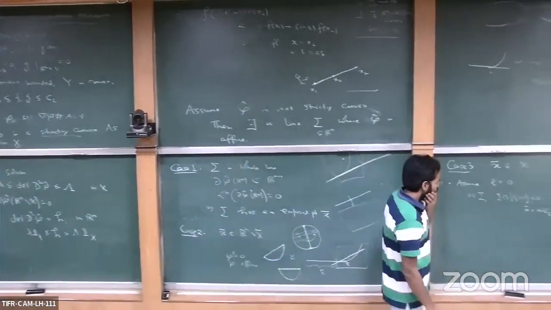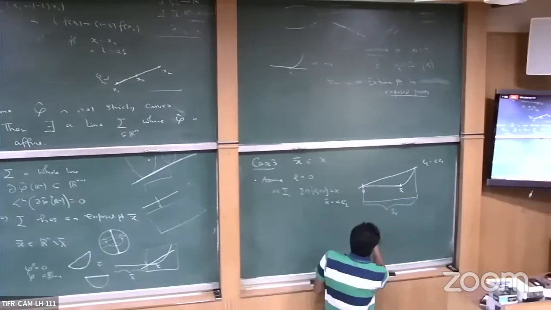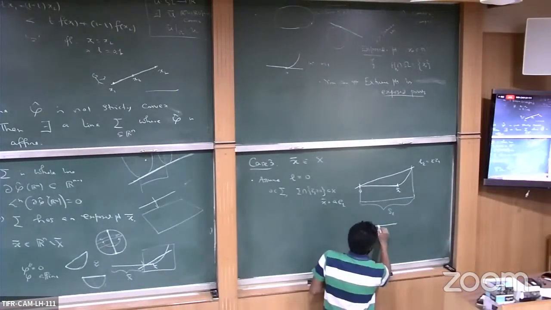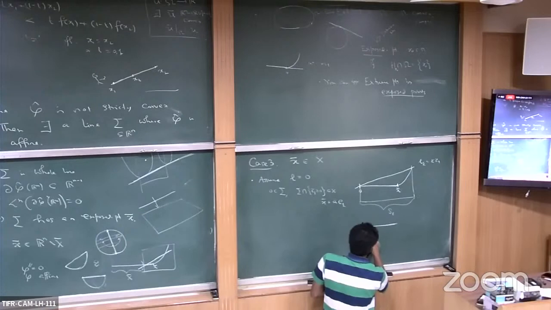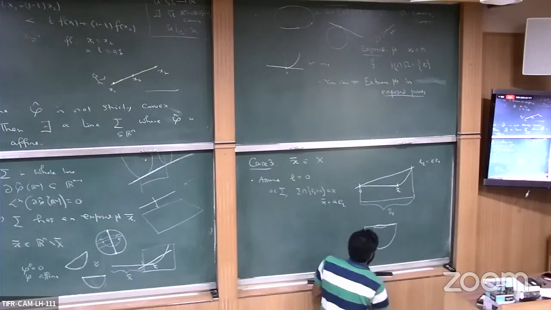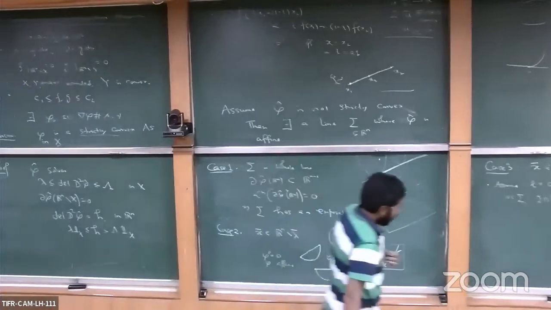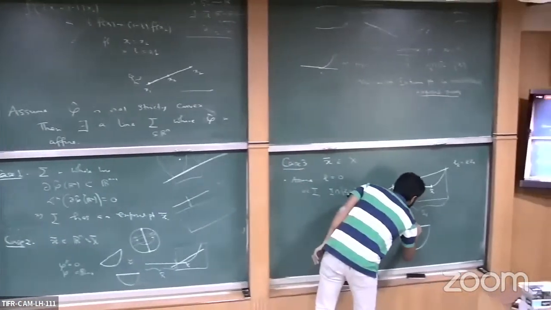So basically, the main idea is that if you have a convex function, and suppose that the domain contains a significant amount of balls. Now, suppose this is B1.